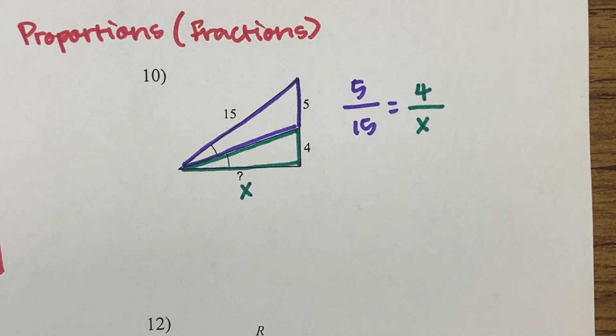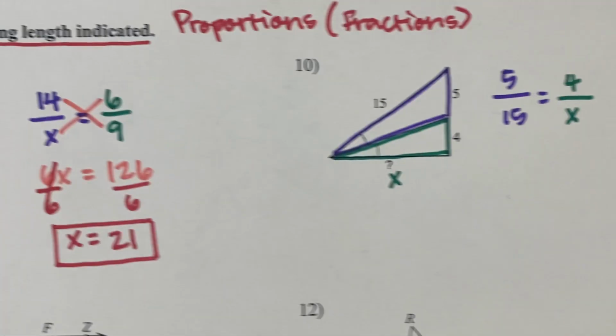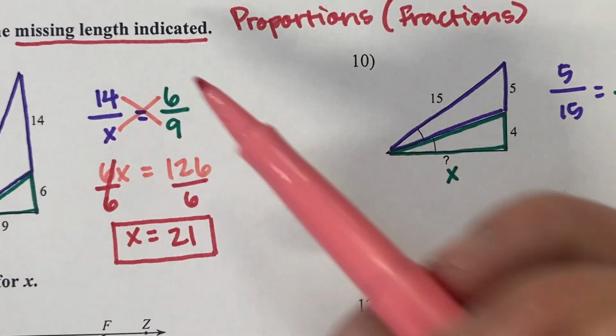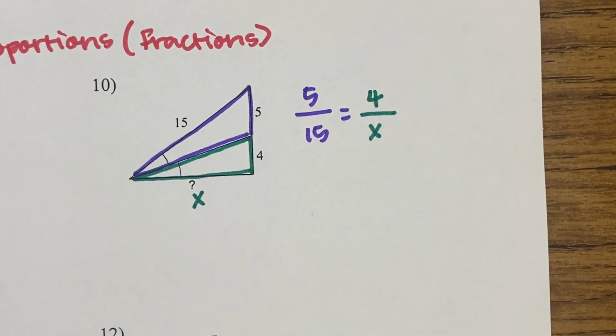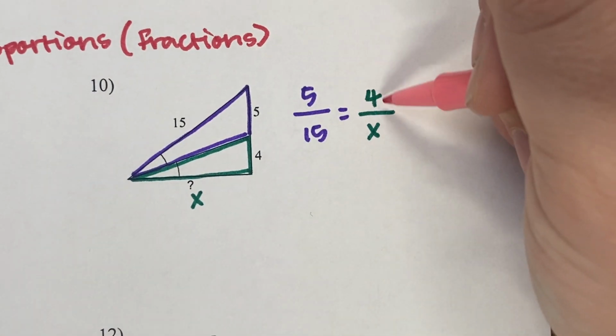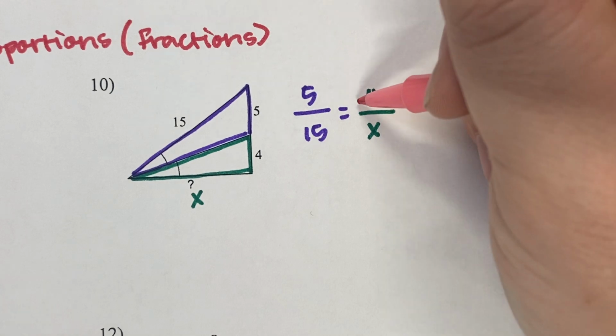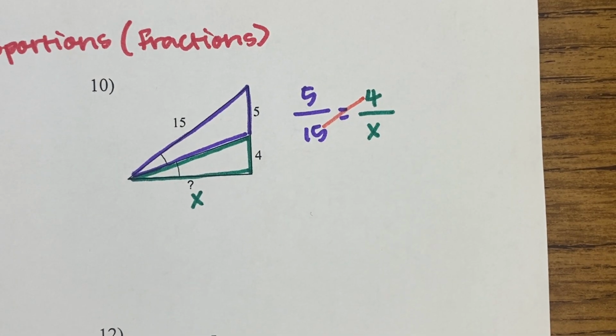All right, so now I can set up my proportion. Now, the first way we talked about was cross multiplying. You create an x, you cross multiply, and you solve. The other way we talked about was what I call the fish method. So we start at the number that's connected to your variable, so this would be 4. When you go across, you're going to multiply.